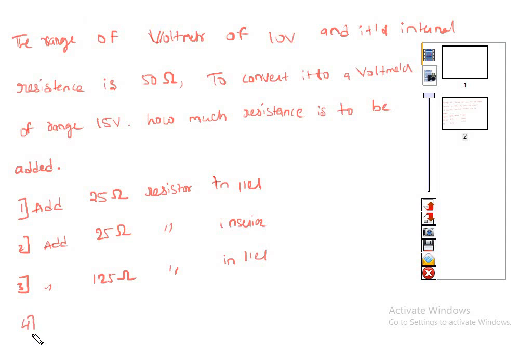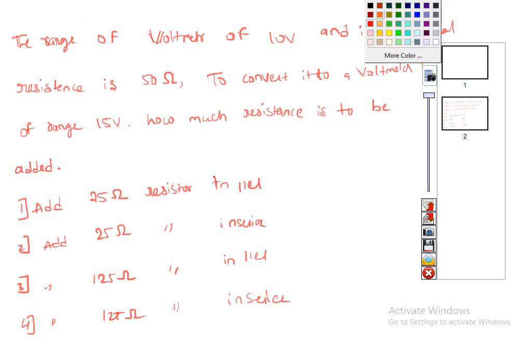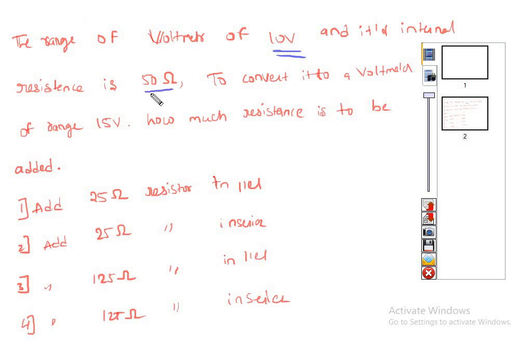And fourth one, add a 125 ohm resistor in series. So the range of the voltmeter is 10 volts, internal resistance is 50. To convert the voltmeter to a range of 15 volts, how much resistance needs to be added?